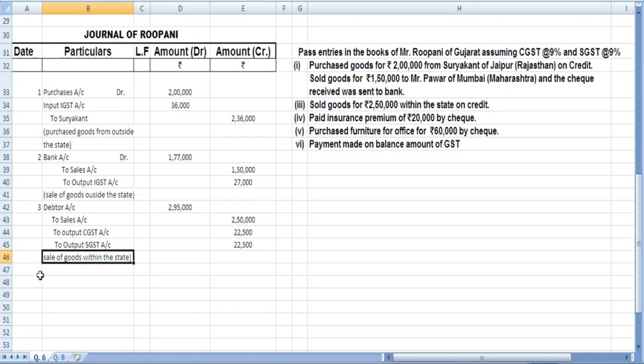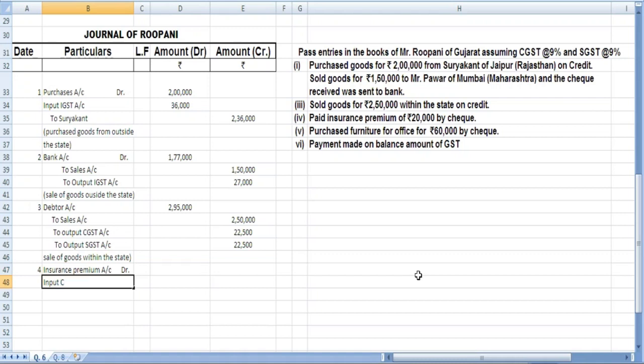Next, number 4. Number 4, paid insurance premium. So insurance premium we have paid, so we are going to debit the insurance premium. Insurance premium account we are going to debit. And this is our expense, so we'll add GST.